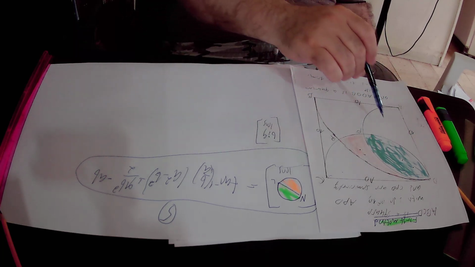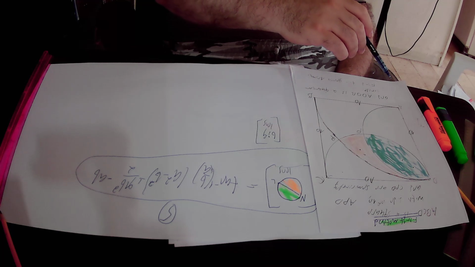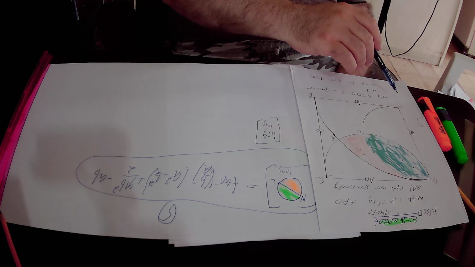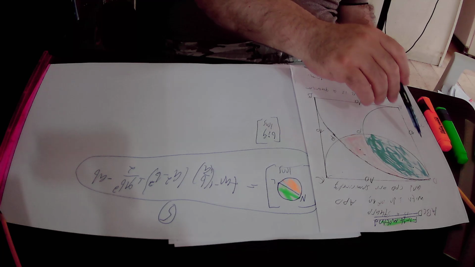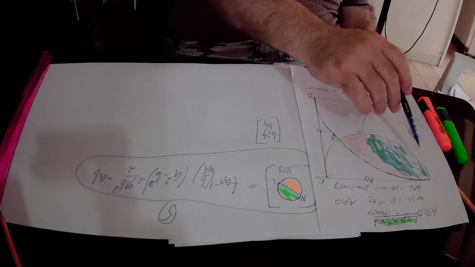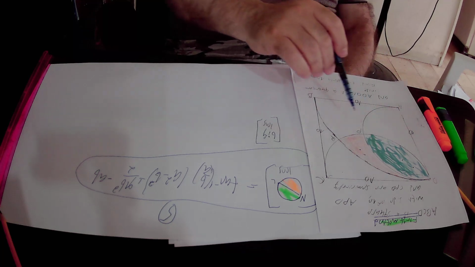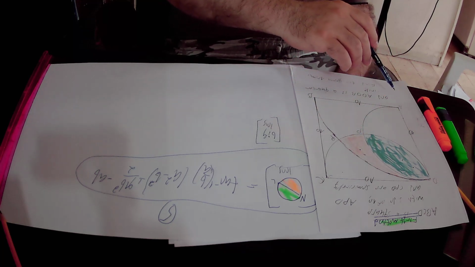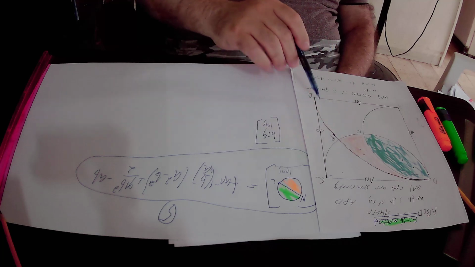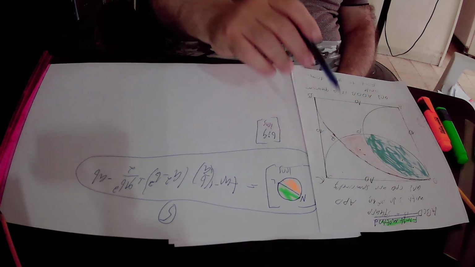This big lens was created by the intersection of the quarter circle with this semicircle. I repeat again, the big lens was created by the intersection of the quarter circle with this semicircle.